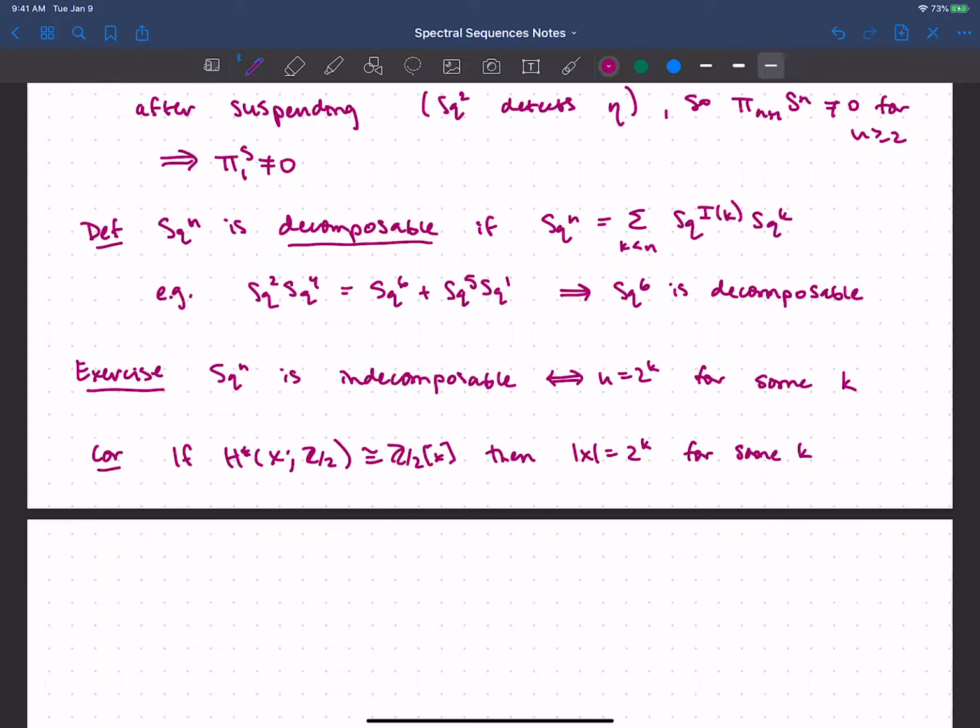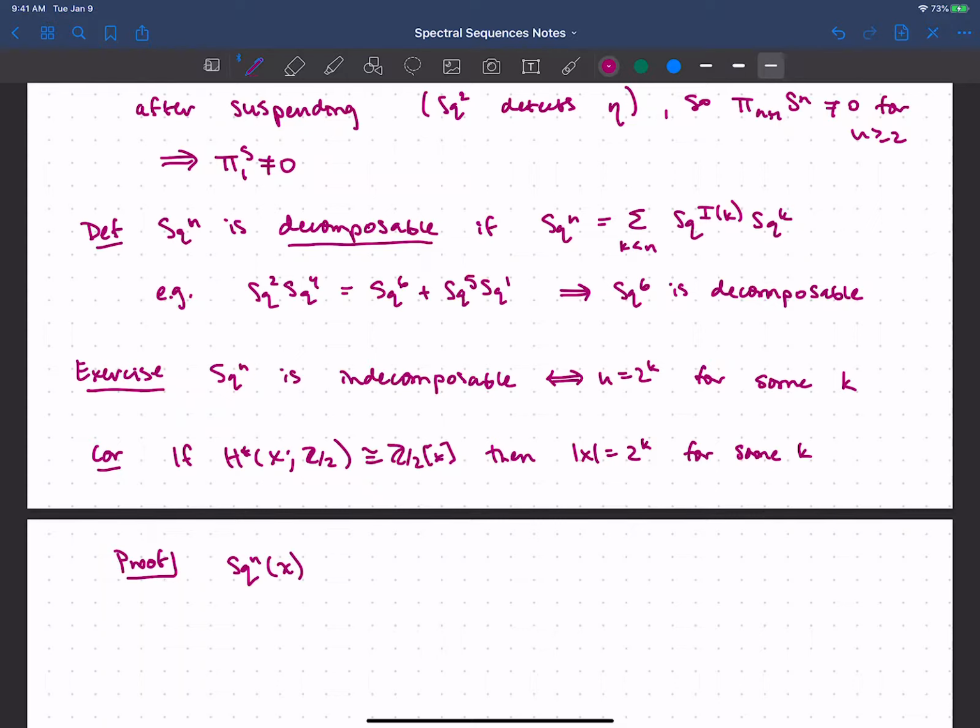Okay, so how is this a corollary? How does the Steenrod algebra help us with this? Well, the proof is quite short. I always leave the longer ones as exercises for you. Not that this previous one was particularly long or hard, but this one's a one-liner, so I'll prove it.